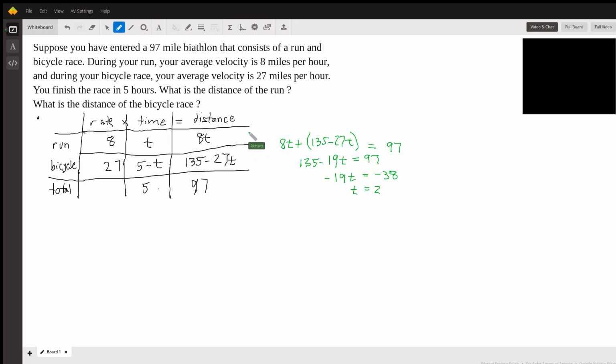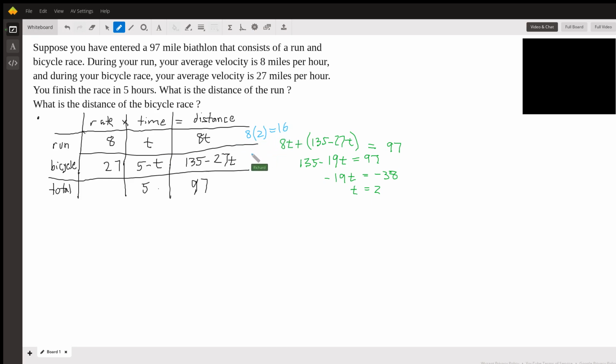So the distance that I ran is just 8 times the 2 hours I'm running, so it's going to be 16 for running.